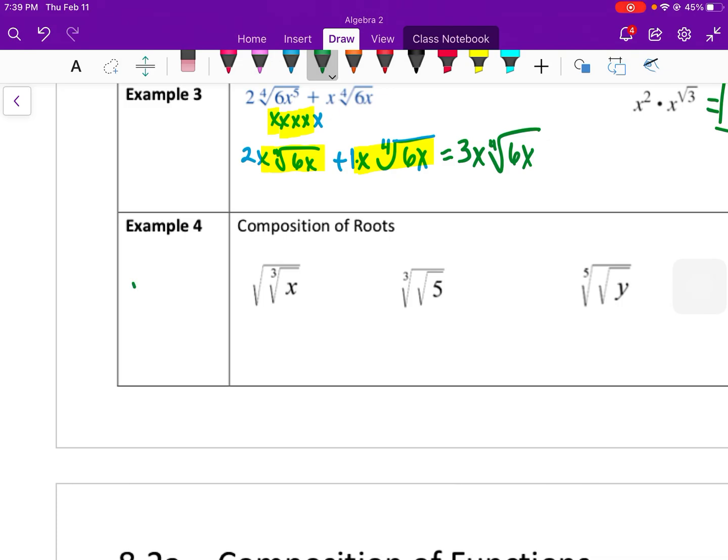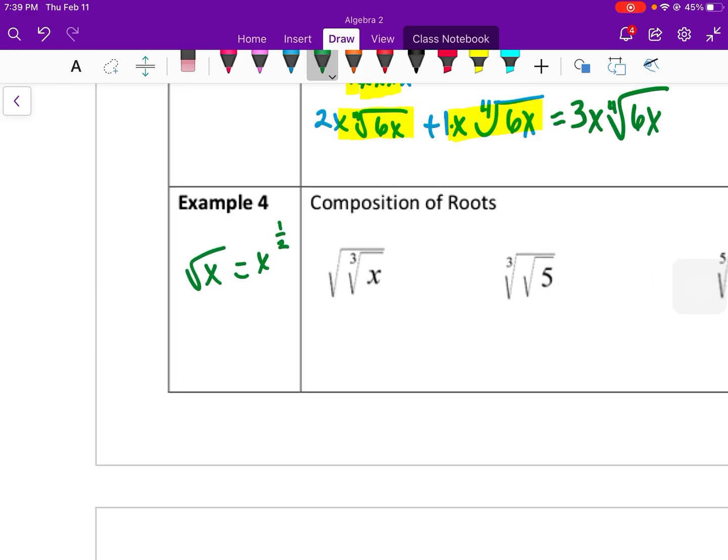And finally, we have the composition of roots. So remember, the square root of something like x can be rewritten as x to the half. That's because the square root, the index is 2, so then that 2 goes in the denominator, and then the exponent is 1, so that 1 goes in the numerator.